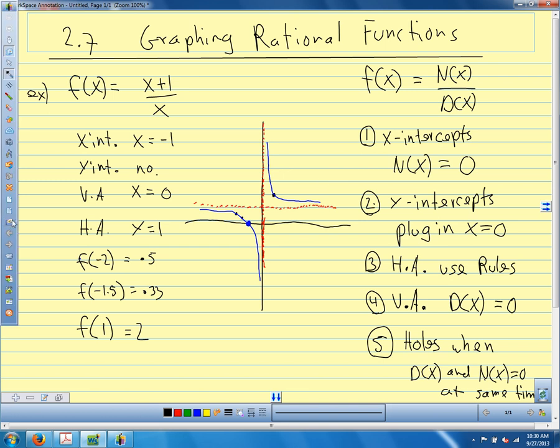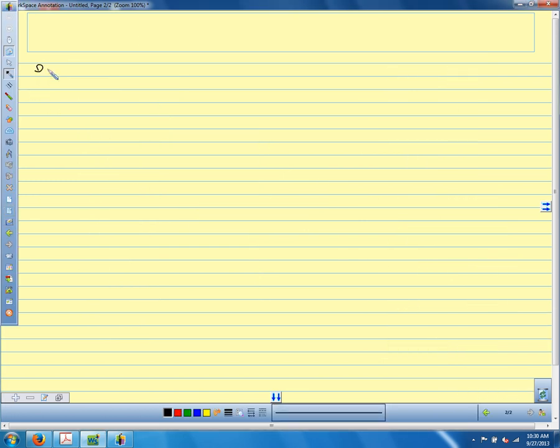All right. Let's look at a little more complicated example. This one will have two asymptotes. So we have x minus 2 over x squared minus 2x minus 8. So what's the first thing we want to do with the rational function when we're analyzing it?